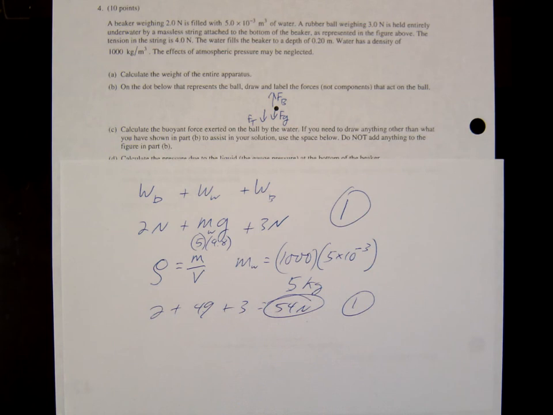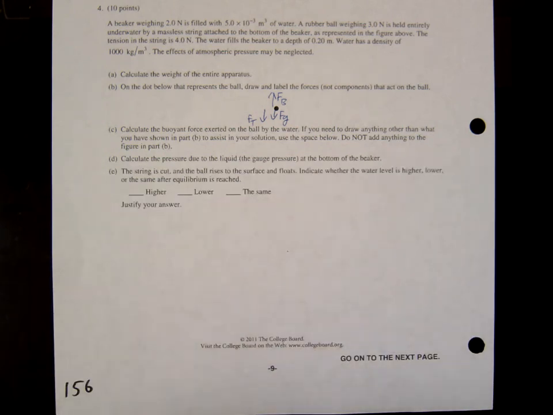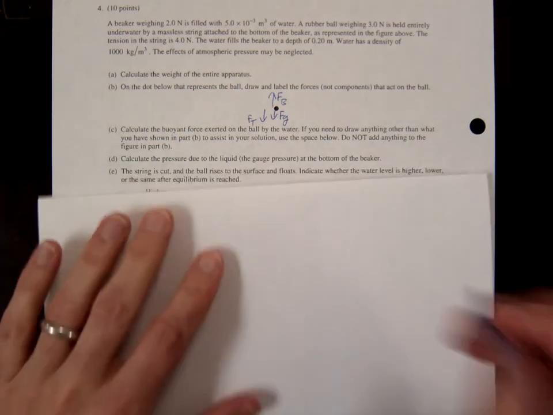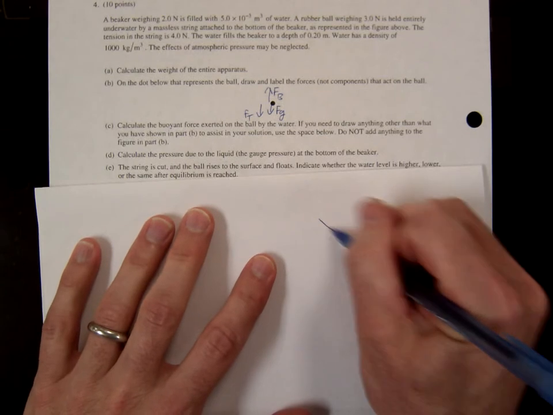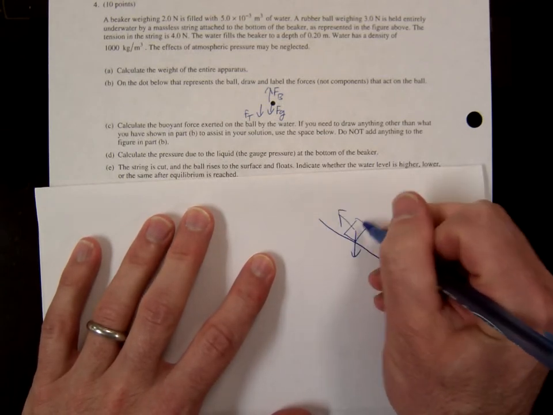Letter C, find the buoyancy force. Please note that it says do not draw anything back on the diagram. This is not really an issue on this particular problem, but occasionally, let's say you have a problem like an inclined plane, and you draw your forces like this, right?